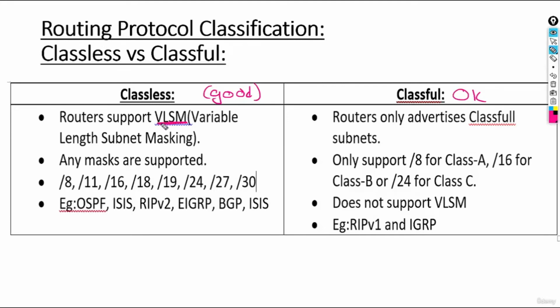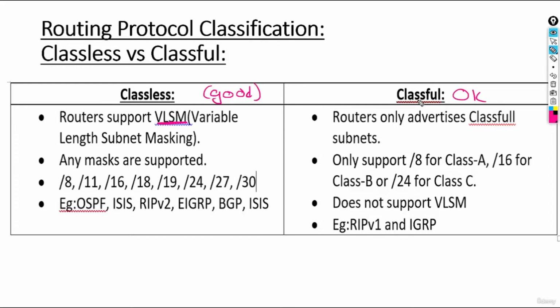VLSM stands for variable length subnet masking. That means it supports any subnet mask: /8, /11, /16, /18, /19, /24, /27, /30, any subnet mask. These are all good protocols: OSPF, ISIS, RIP version 2, EIGRP, BGP.